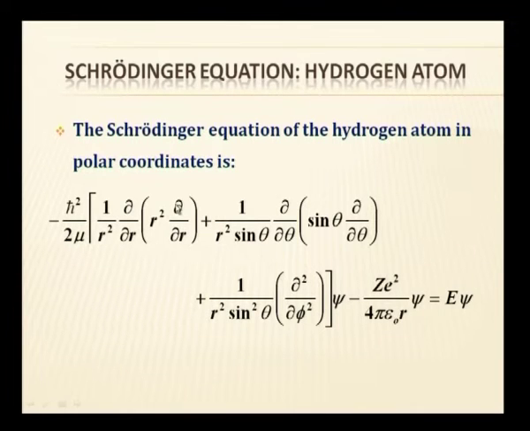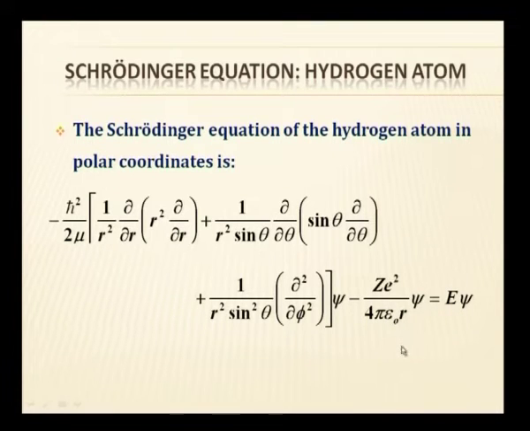This del square operates on psi, then the potential energy also will be multiplied by psi, that gives E into psi, that is the Schrodinger equation. What is the Schrodinger equation? The whole thing is H, right. You remove psi, the entire thing that you got here is H. H operating on psi will be equal to E into psi, that is the Schrodinger equation, right.